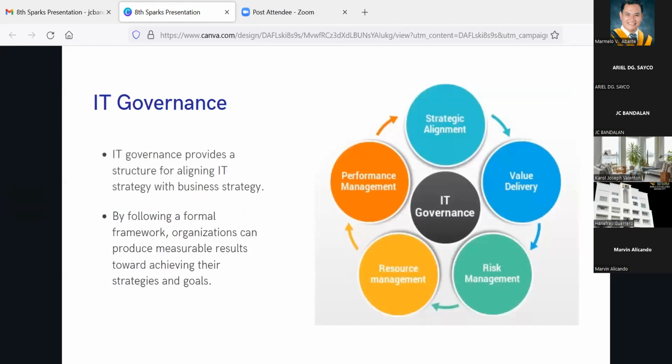So IT governance. IT governance provides a structure for aligning IT strategy with the business strategy. By following a formal framework, organizations can produce measurable results toward achieving their strategies and goals. This is very important, guys, kasi yung IT nyo, particularly kung like for an IT company, definitely you will be having some investments dyan.